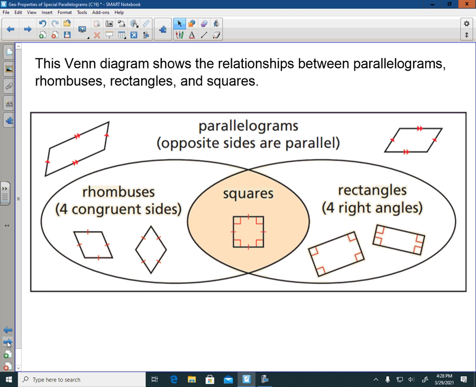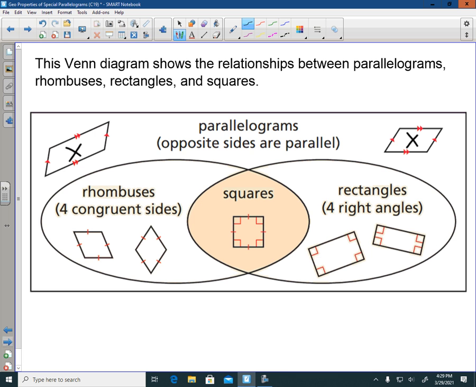So this is also not really necessary for your notes, but I wanted to show you the relationship between parallelograms, rhombuses, rectangles, and squares. In this big outside rectangle that's not shaded, it's parallelograms. In other words, all objects where opposite sides are parallel. And this is true of parallelograms, so this guy right here and this guy right here.